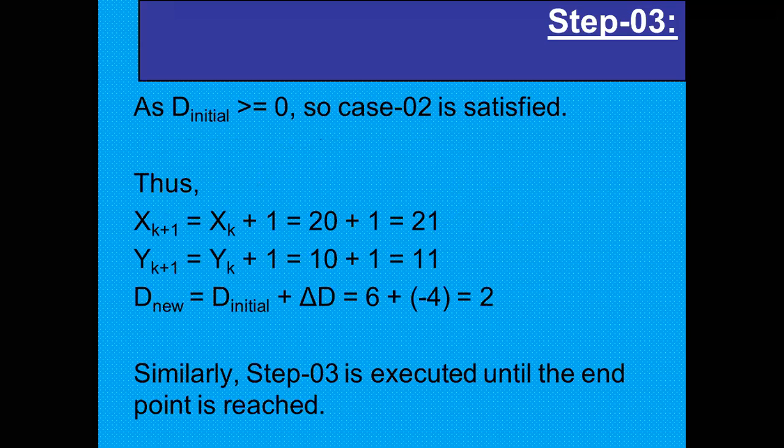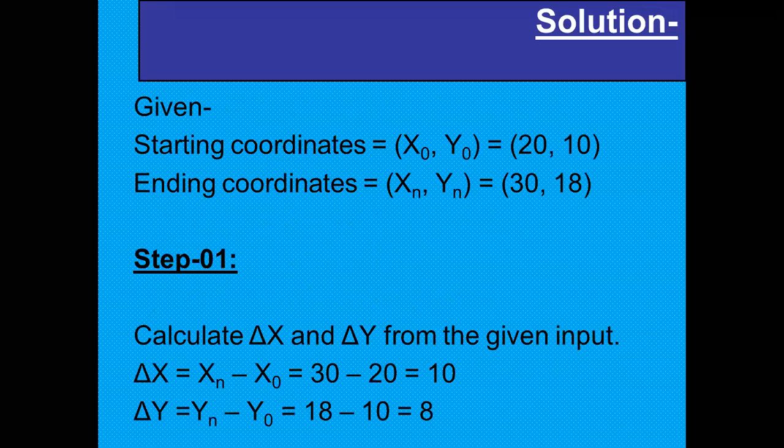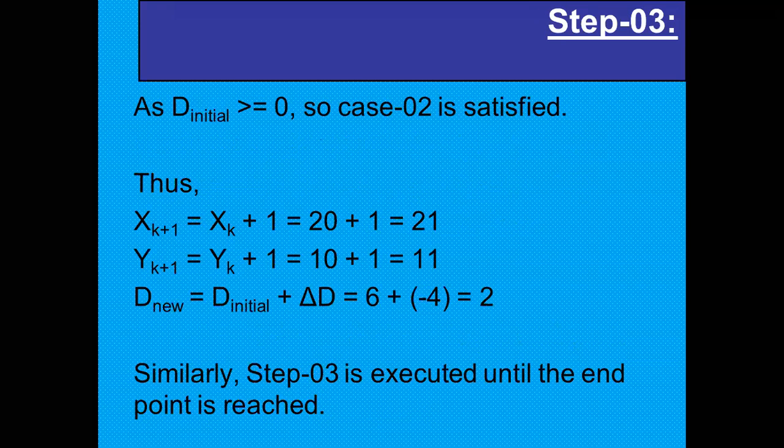If it is greater than or equal to 0, then we will use the method given below. xk plus 1 is equal to xk plus 1, and in this case the initial value is 20, plus we will add 1.